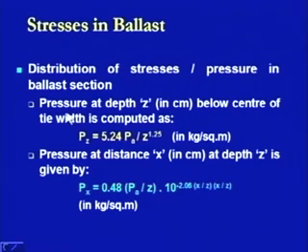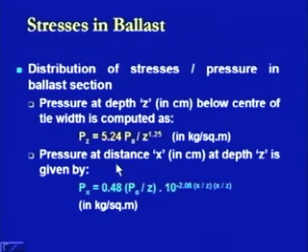Then the pressure at a depth z below the center of the width can be computed by using this formula: 5.24 Pa divided by z raised to the power 1.25, where z is the depth up to which we are interested in computing this stress, and Pa as being calculated before.